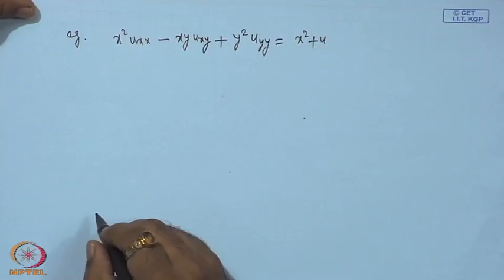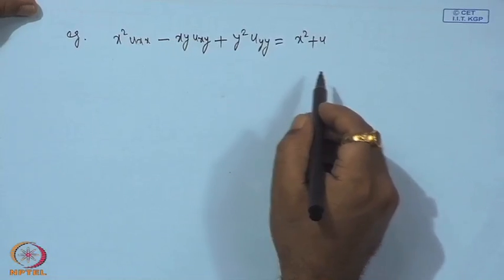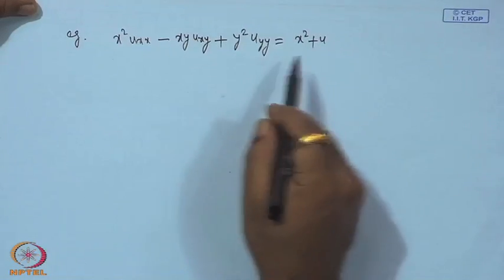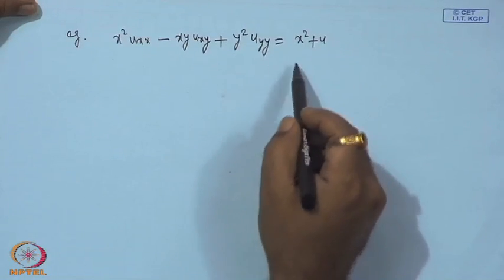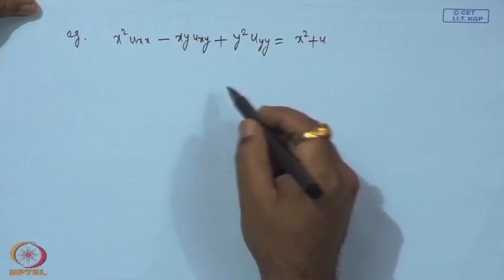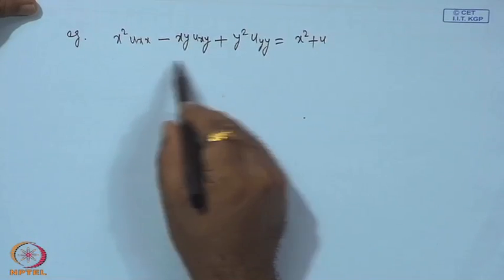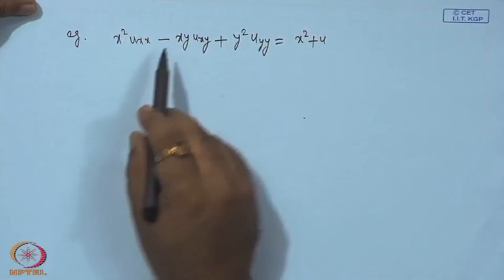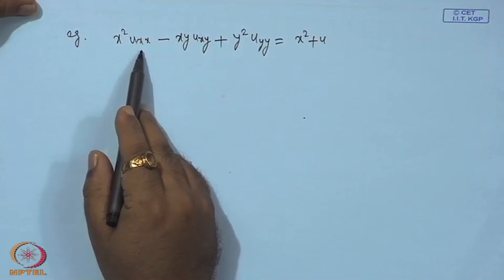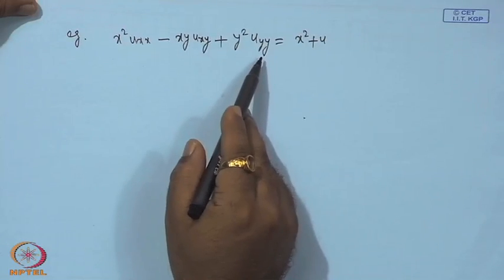Suppose something like this. It is very difficult to guess what could be the solution. Somehow if we can simplify, look at the combinations, you have uxx, uxy, uyy.